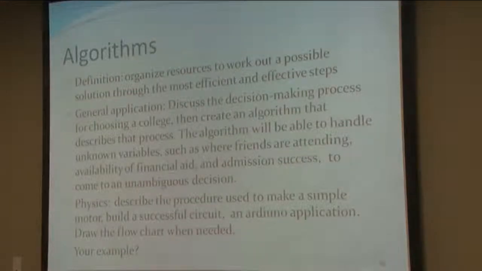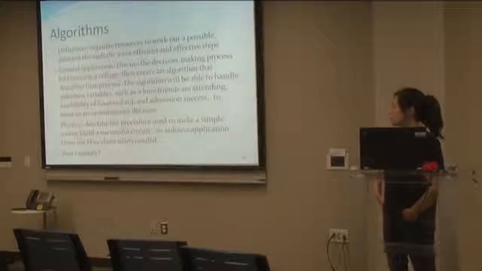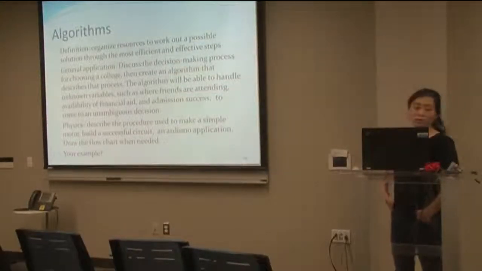And in physics, for example, we describe the procedure used to make a simple motor. Again, we use this in the context of our maker activities. In one of the activities, we ask the students to make a simple motor and build circuits or make an Arduino application.